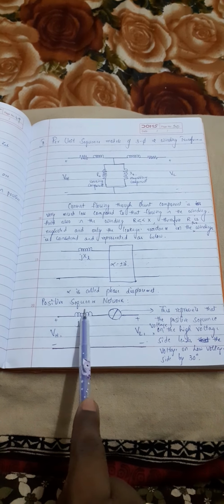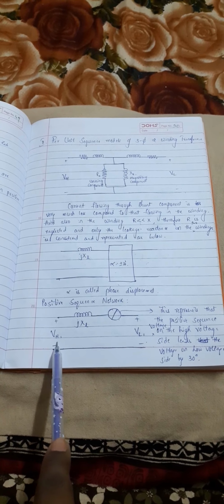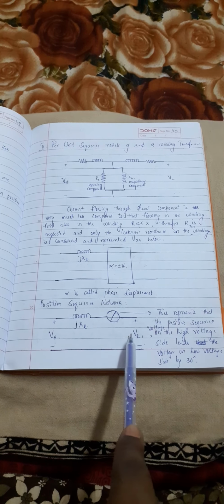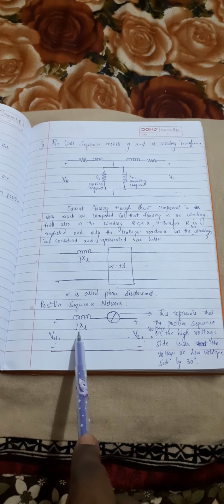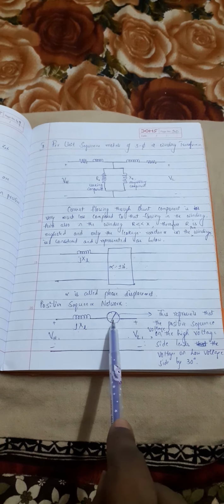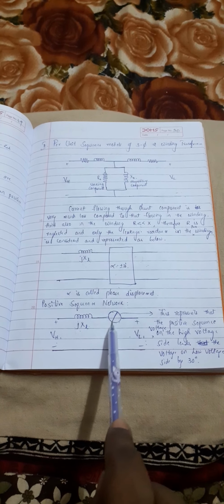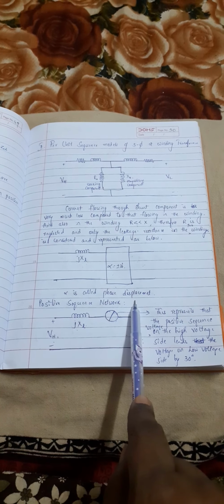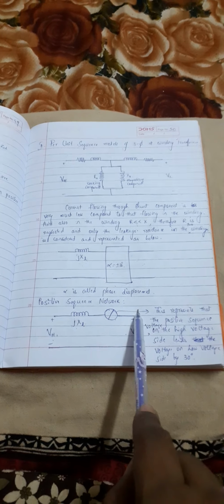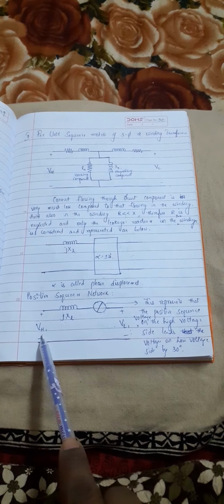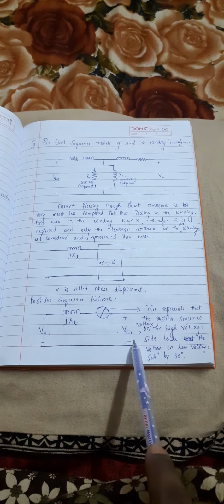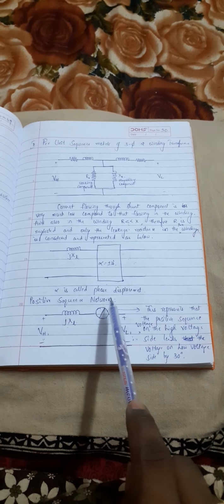Now coming to the positive sequence network, on the high voltage side the voltage is represented by VH1, and on the low voltage side it is VL1. The reactance is denoted by jXL, and this particular symbol indicates that there is a phase displacement of 30 degrees in the positive direction, that is, the voltage on the high voltage side leads the voltage on the low voltage side by 30 degrees.